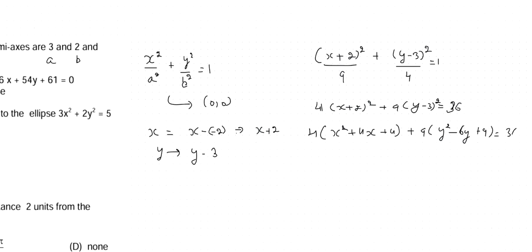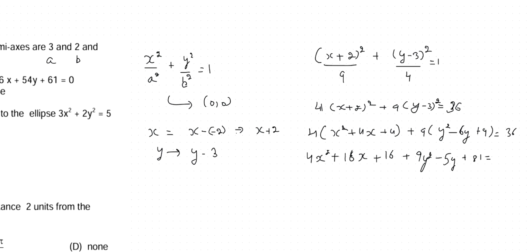Now you have 4x square plus 16x plus 16 plus 9y square minus 54y plus 81 is equal to 36.